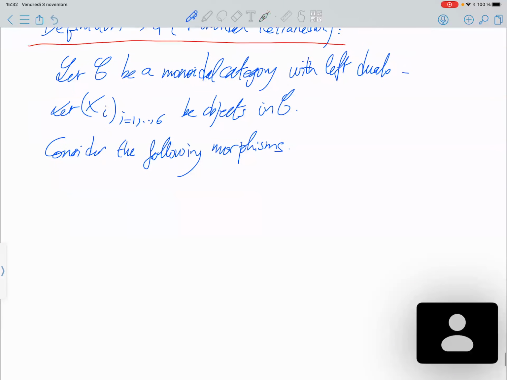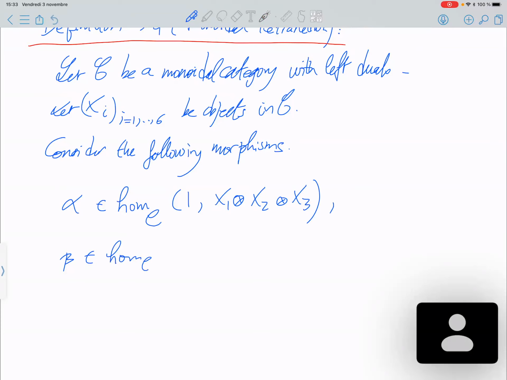Consider the following morphism alpha in the hom set between the trivial object 1 and x1 tensor x2 tensor x3, beta in the hom set of morphisms between 1, the unit, and x4 star tensor x3 star tensor x5 star.